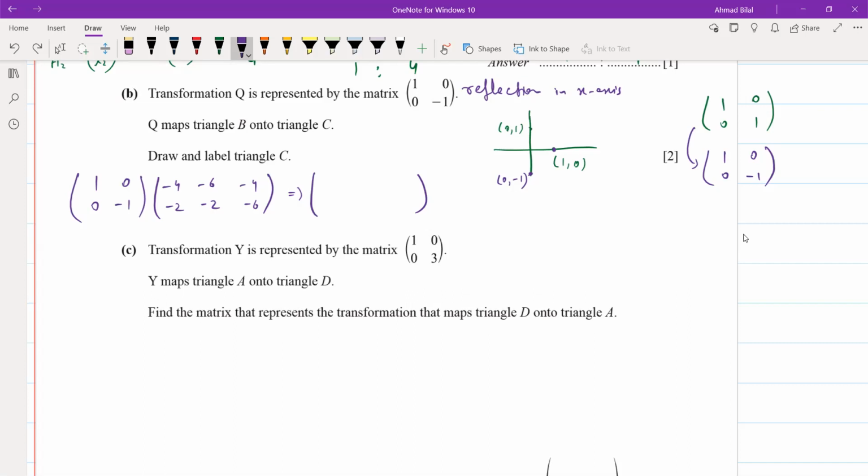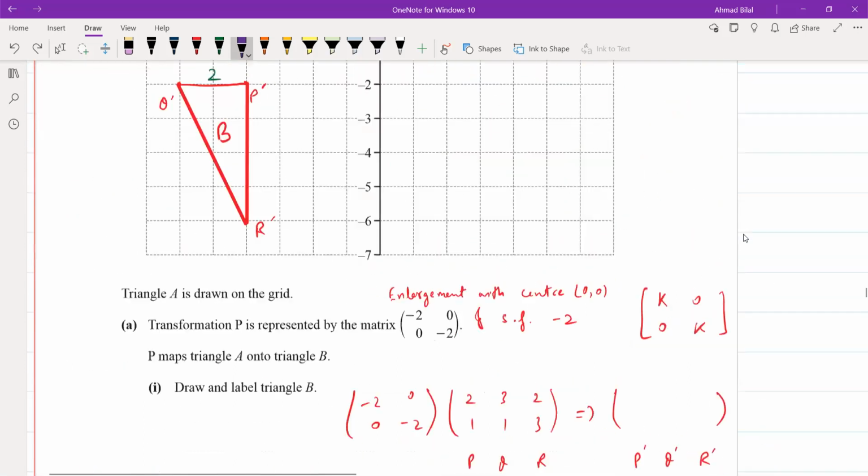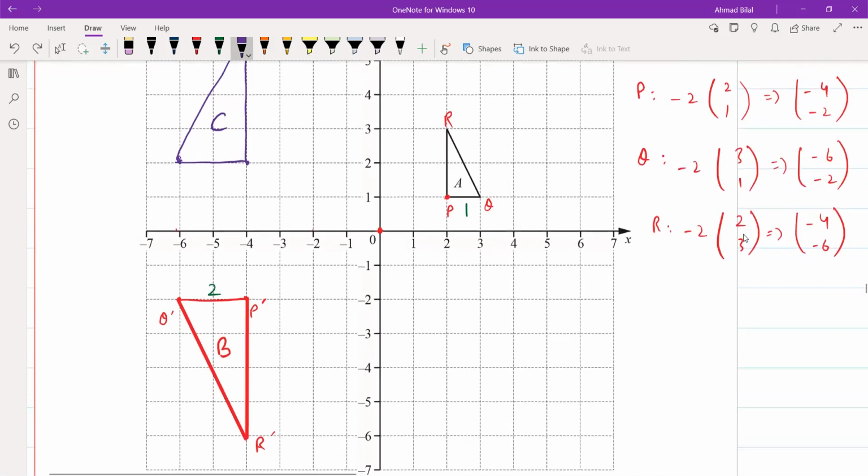Y maps triangle A onto triangle D. A को D पे मैप करता है.